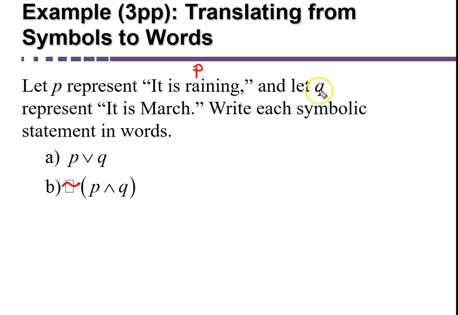And let Q represent it is March. So this is going to be statement Q here. Write each symbolic statement in words. So what does this say? Well, it's just P, and it's going to be it is raining.